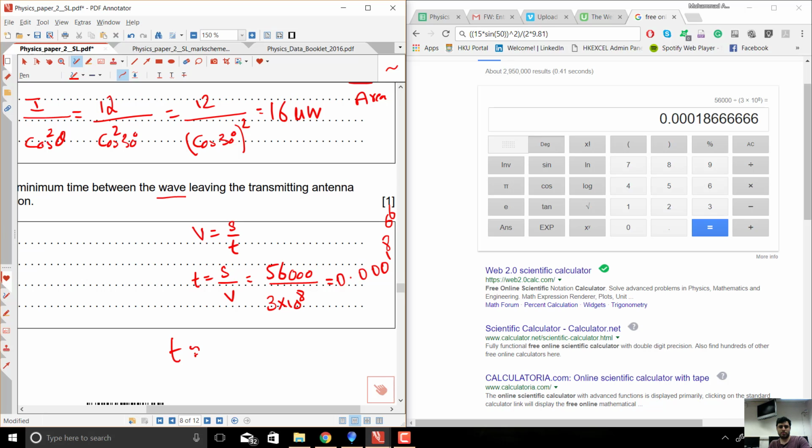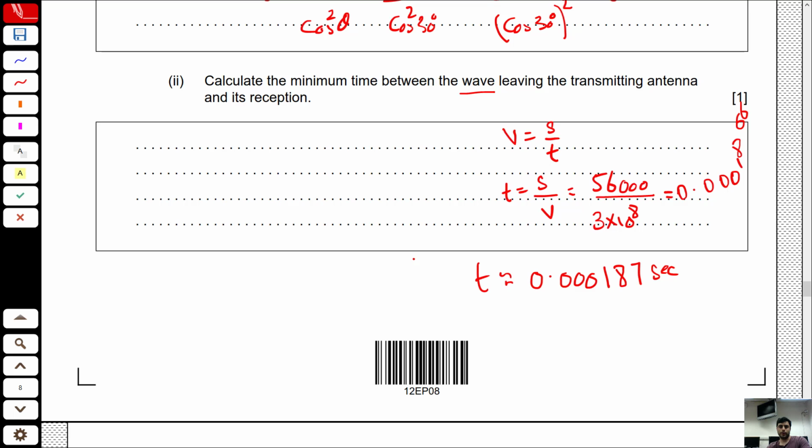So approximately, the time to 3 significant figures will be 0.000187 seconds. Yeah, that is the approximate time that it will take for the electromagnetic radio wave to reach from the transmitter to the receiver. Yeah, use the speed of light as the speed for the wave, and it's constant.